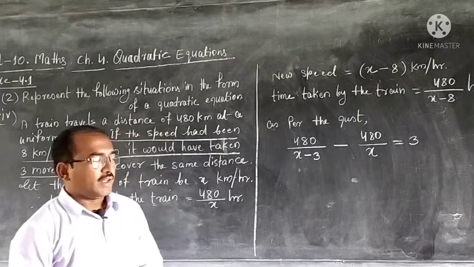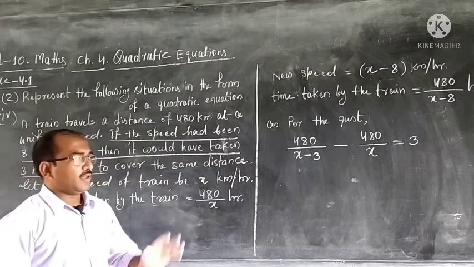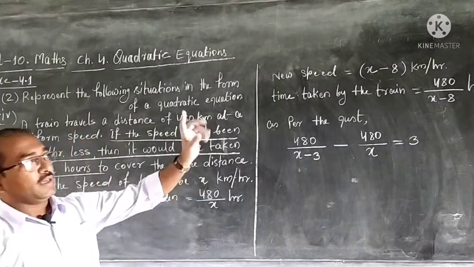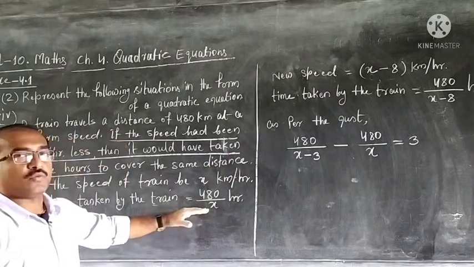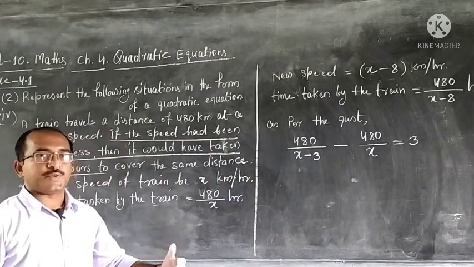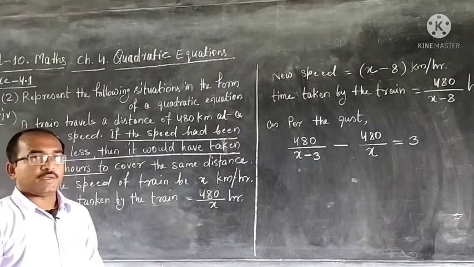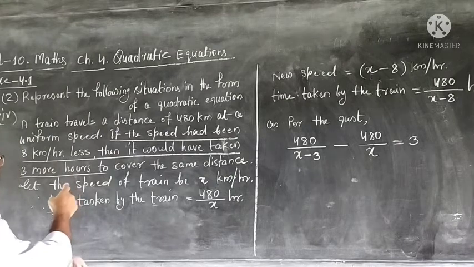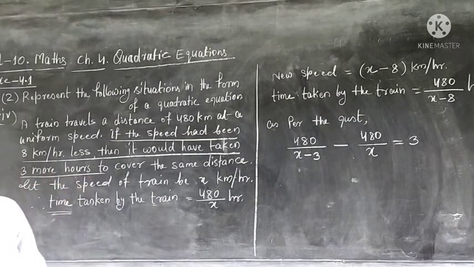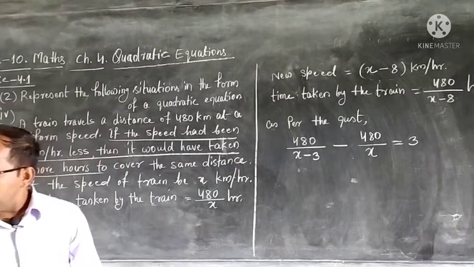I hope till here everything is clear. The time taken with slow speed is more, the time taken with very fast speed is less, and it would have taken 3 more hours to cover the same distance. So, what shall we do?